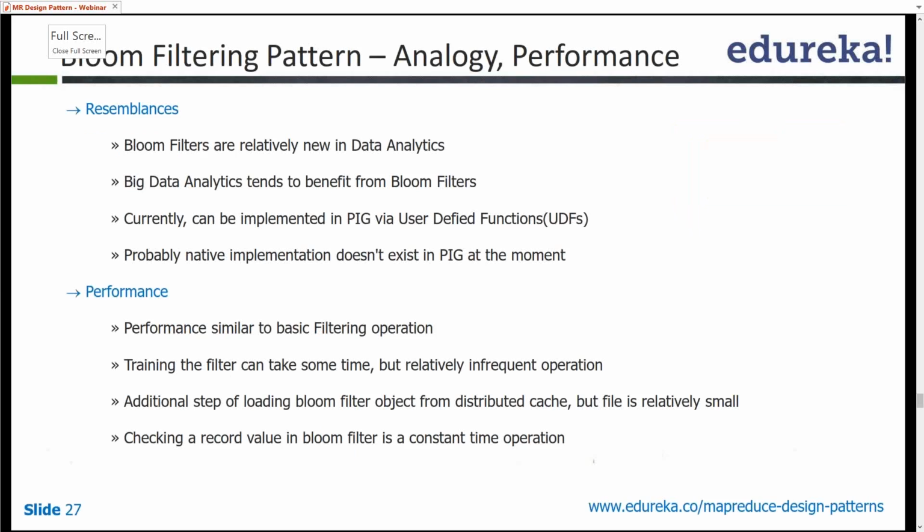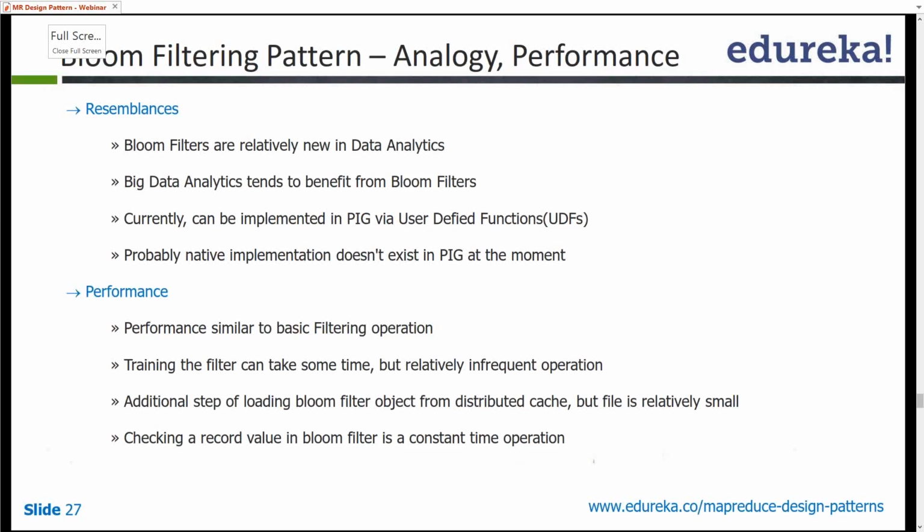Bloom filters are fairly recent as far as data analytics is concerned, but these filters have existed for quite some time, but might not have been useful when the world was not dealing with big data, because the very purpose of Bloom filters is that you reduce the space that your data actually consumes.